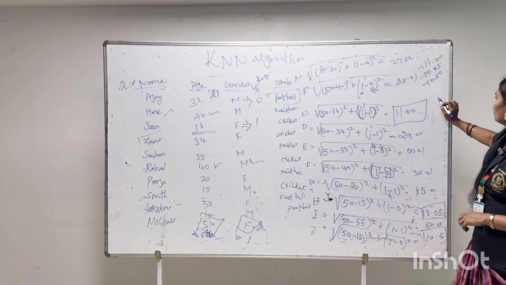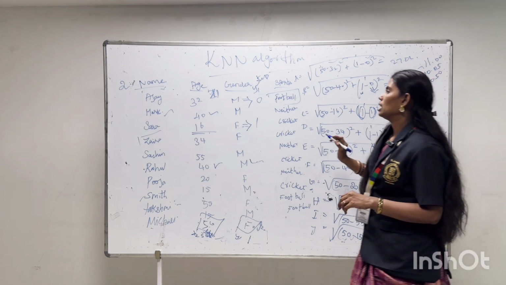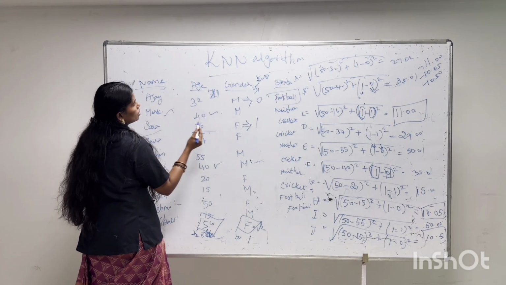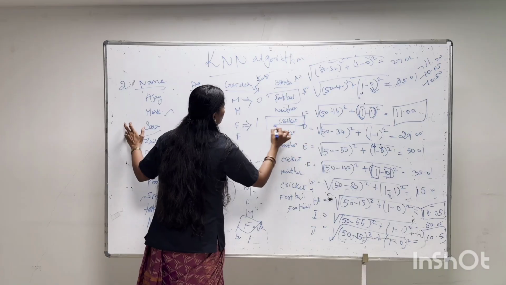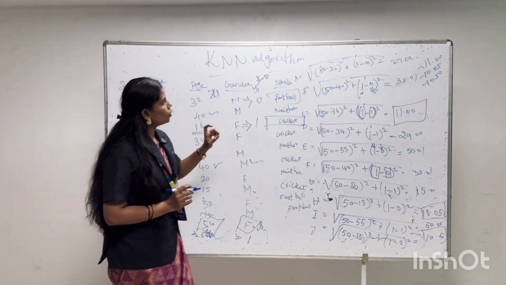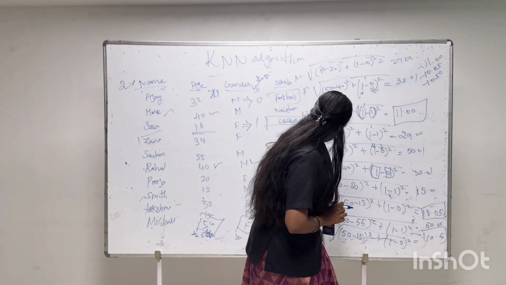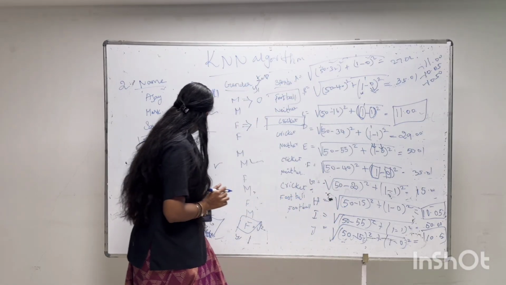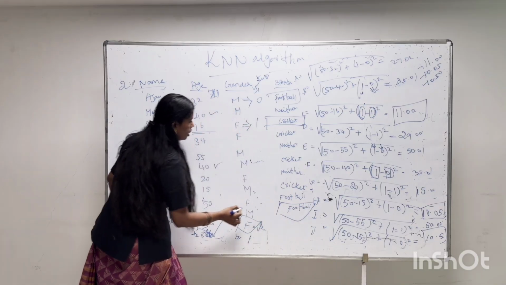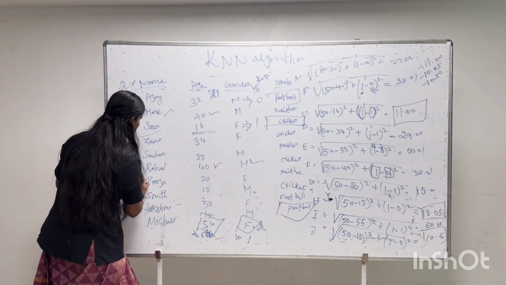So the 11 is nothing but Sarah. Sarah belongs to the sport cricket. Next, the value for Michael belongs to football. Next one is Pooja.